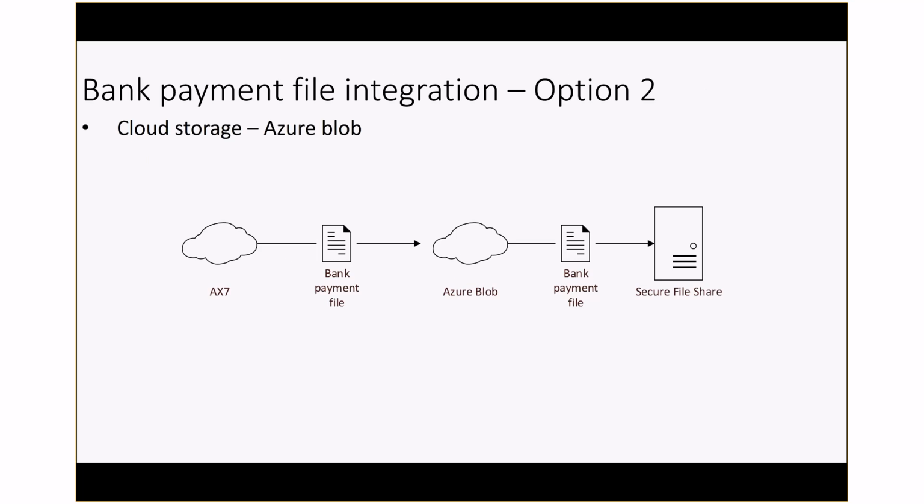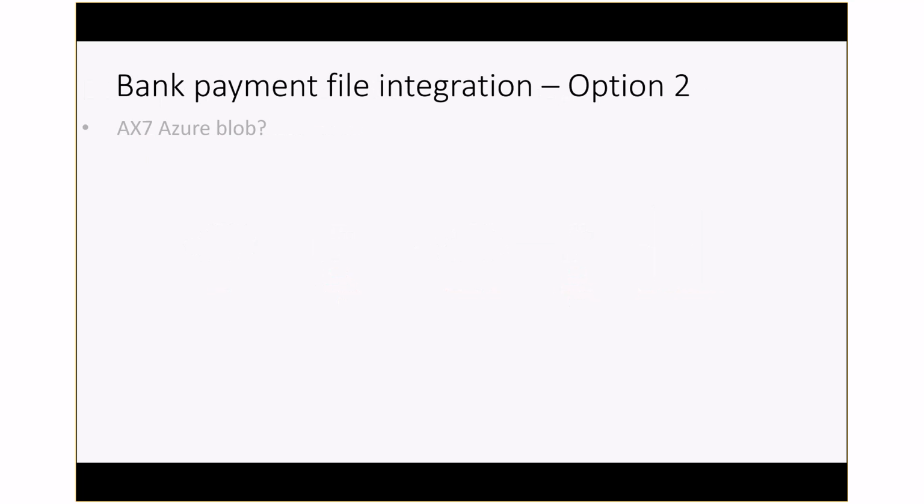So another thing that you can think about is taking that same payment file and putting it to a blob storage, and having another daemon processor or another client that actually reads from the blob storage and writes it to a secure file share. Once again, the question then becomes, which blob storage do you want to use?